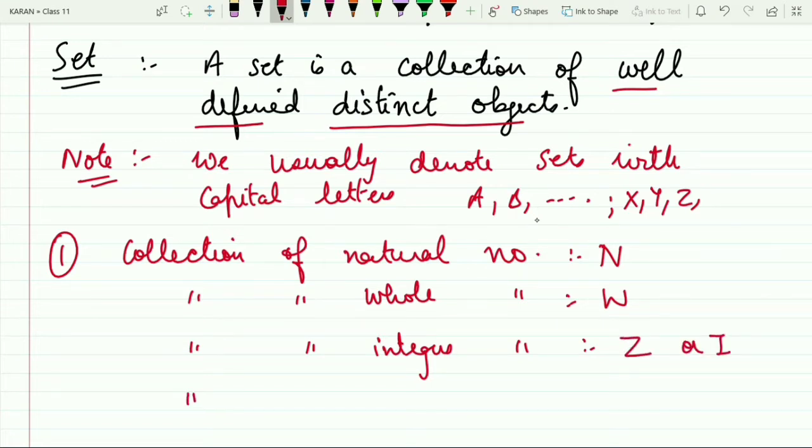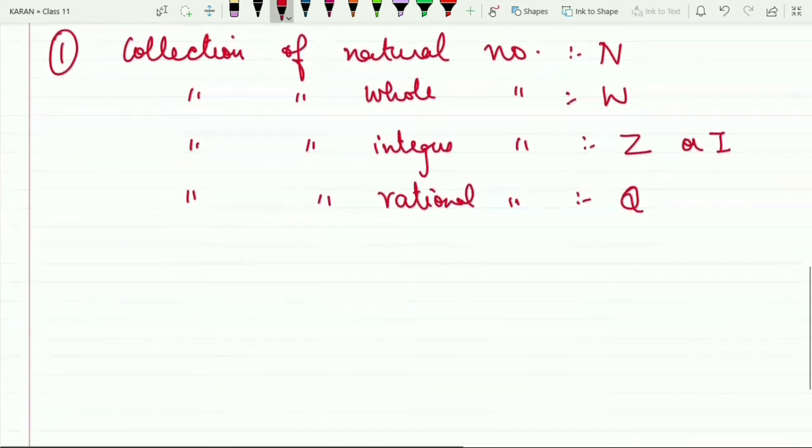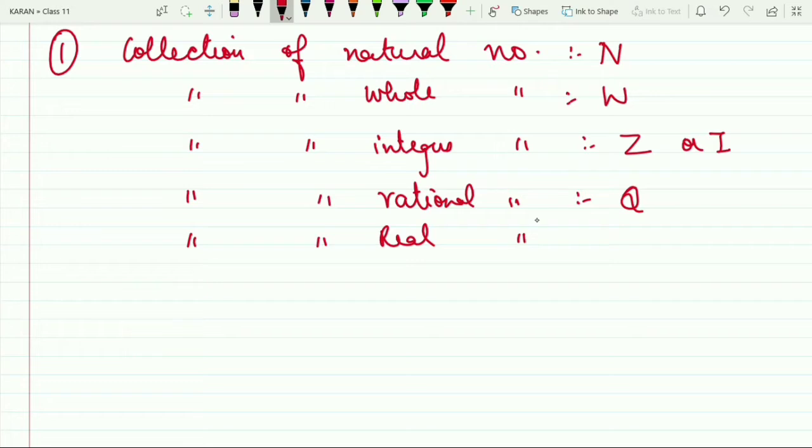Similarly, the collection of rational numbers is denoted by Q, the collection of real numbers is denoted with R, and the collection of complex numbers is denoted with C. They are all collections of well-defined distinct objects.